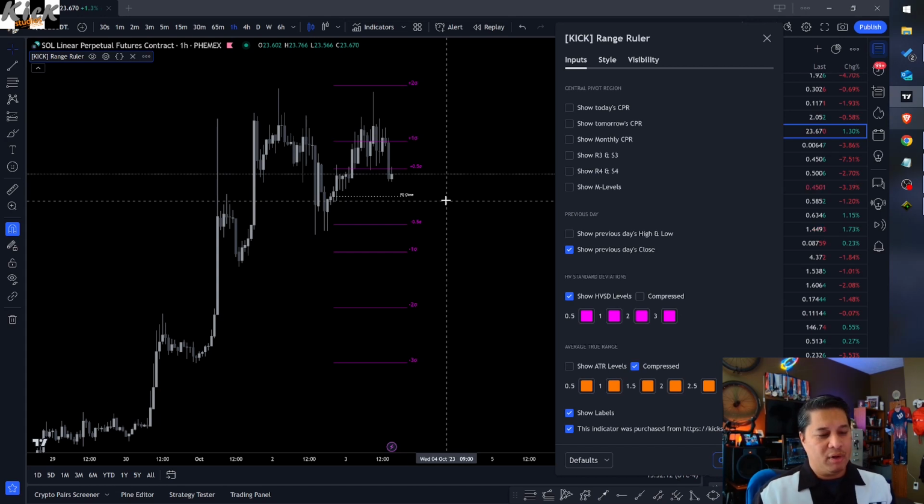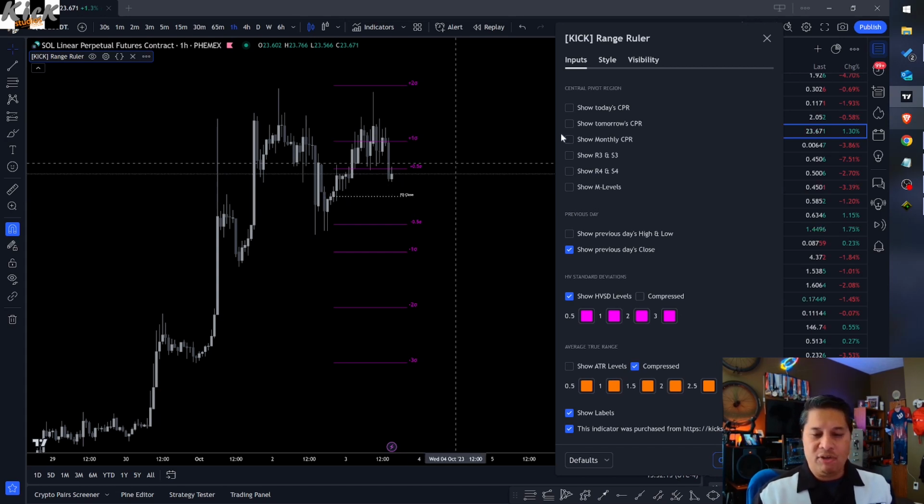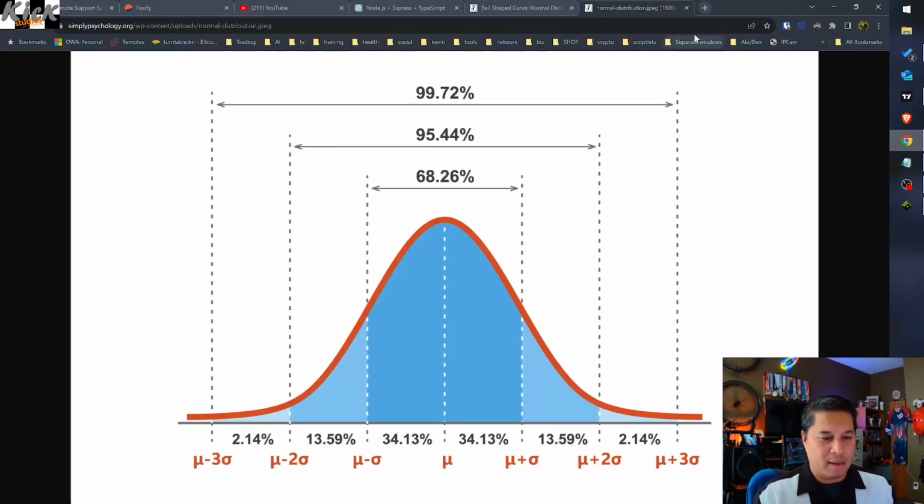So here was our close, and actually let me give you a visual here. Here's what I have. In a normal distribution curve, you can see that between -1 standard deviation and +1 standard deviation, you would expect 68.26% of all values to fall within that range.